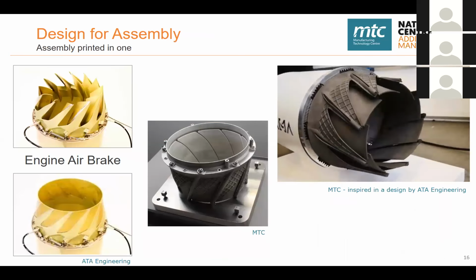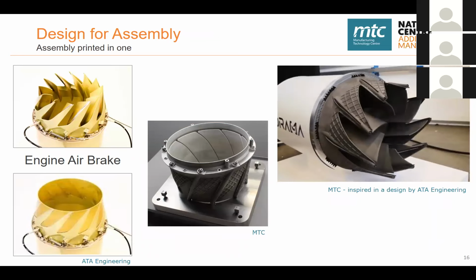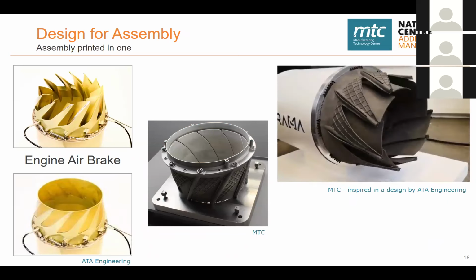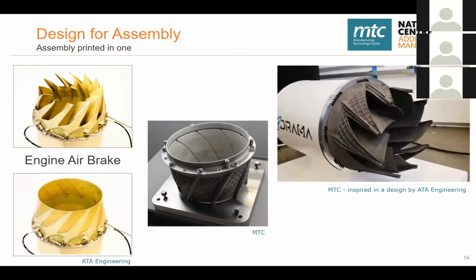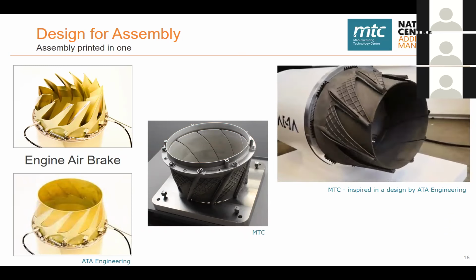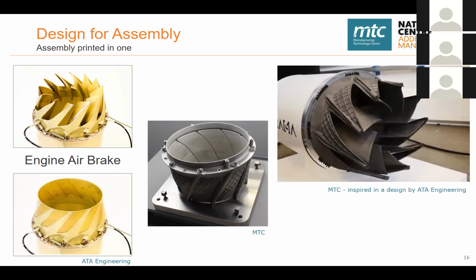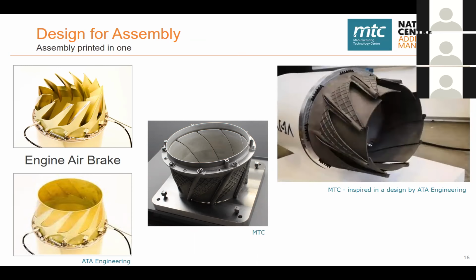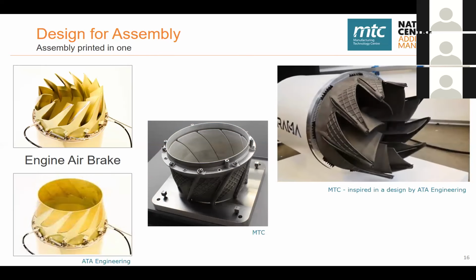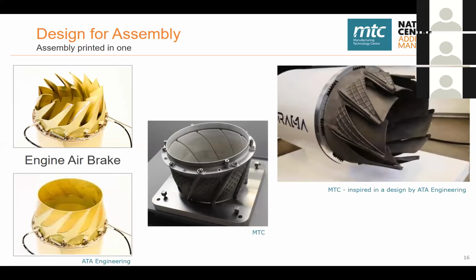So here we have an example where we used inspiration from an ATA project that you can see on the left, which is an engine air brake for jet engines. So using that inspiration, we created an assembly that is built inside of the machine. You can see the image in the middle.